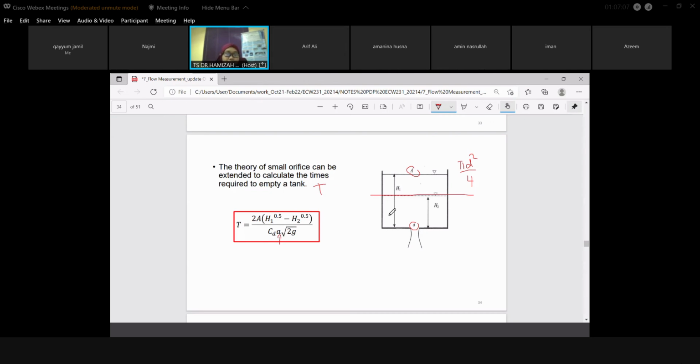So for the time to empty the tank, this formula will be given. What you have to remember for flow measurement is V for venturimeter, and the same thing V for pitot tube and orifice.